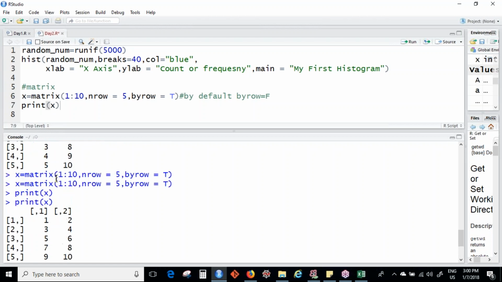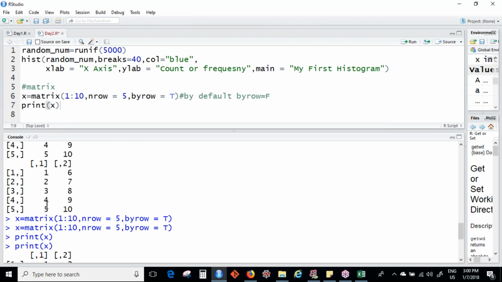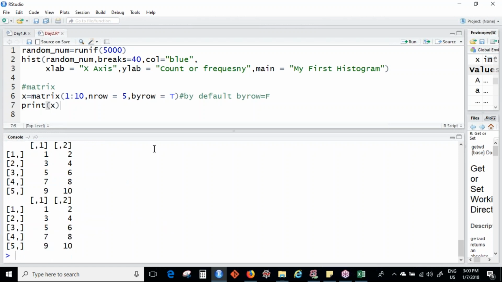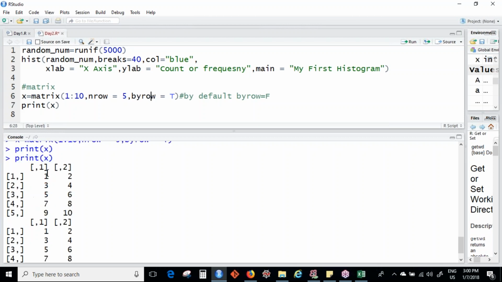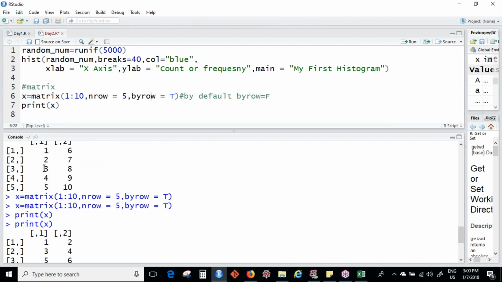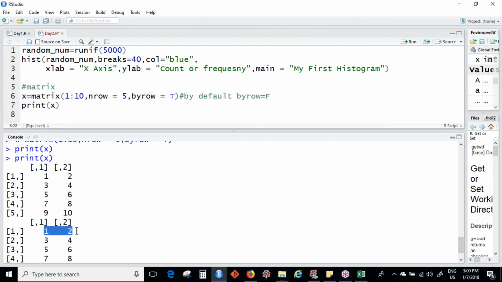Previously I was getting 1 2 3 as in columns, but now I am getting 1 2 in the same row, then the next row is starting. So that is controlled by the byrow parameter. Okay, is that clear, guys?